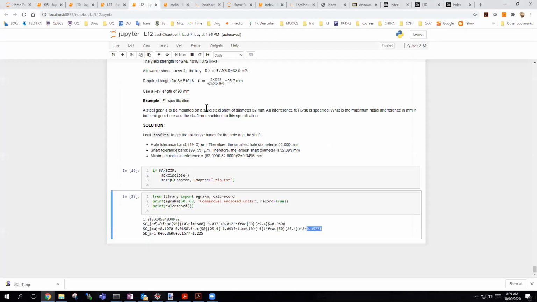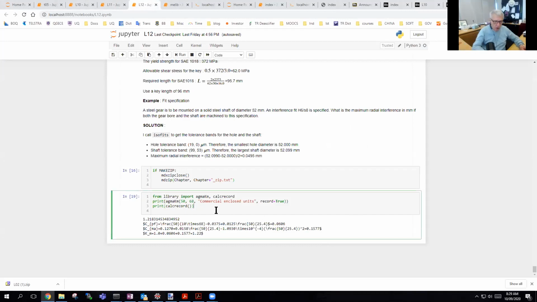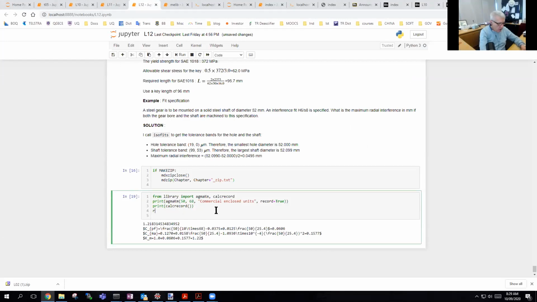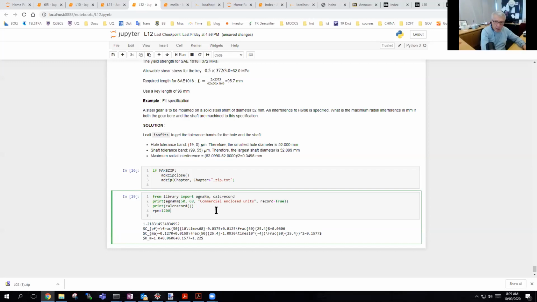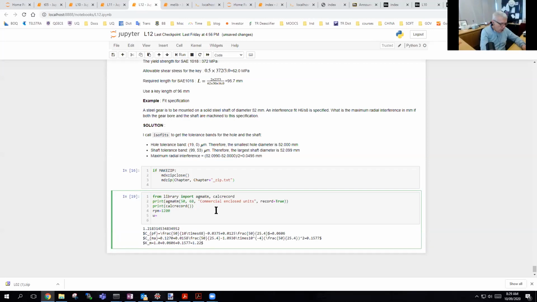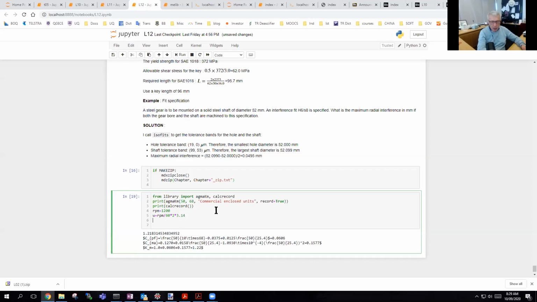Is this correct? Let's go here. What was the speed? I think it's 1200 RPM. So that means omega is equal to RPM divided by 60 times 2 pi. So that's omega, the speed. And the power, what was the power? I'm not sure, maybe 12 kilowatts. Actually, we don't need the power.